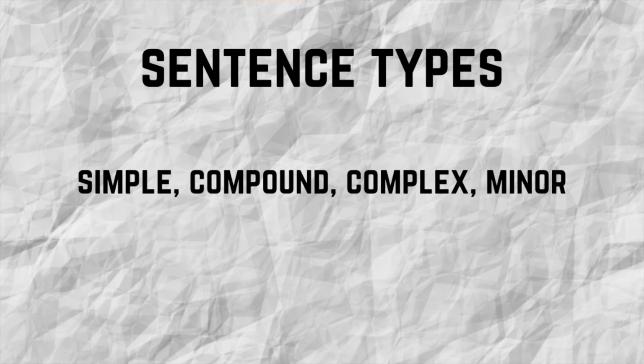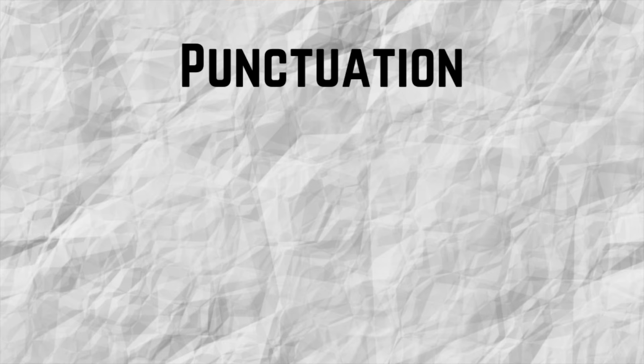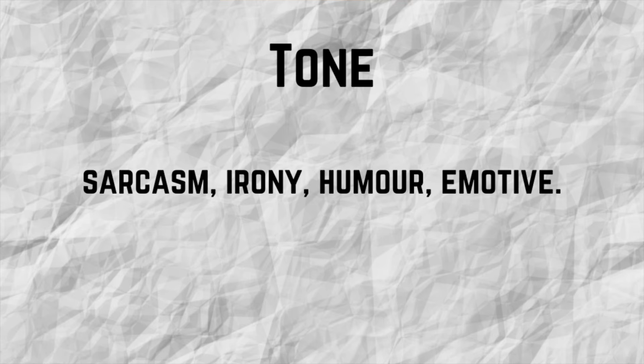You can also focus on sentence types: simple, compound, complex, minor, or sentence functions: declarative, imperative, exclamatory, interrogative, or punctuation: exclamation marks, hyphens, ellipses, question mark. And finally, you could look at the tone, which could include sarcasm, irony, humour, or could be emotive.